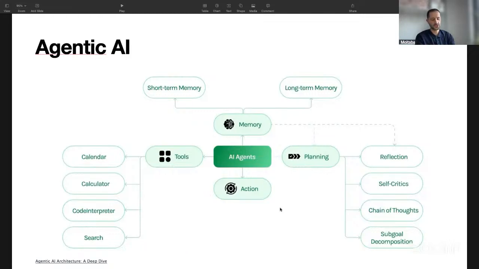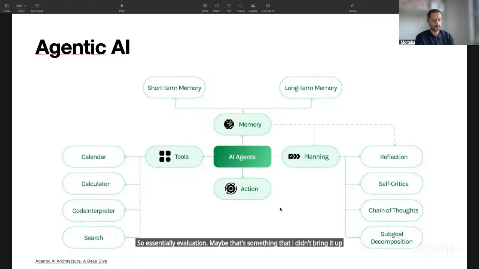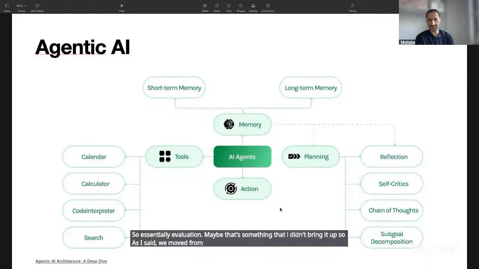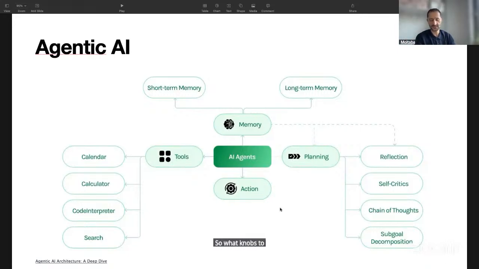So essentially evaluation, maybe that's something that I didn't bring up. As I said, we moved from a naive RAG to advanced RAG. There are a lot of knobs to tune. What knobs to tune depends on your use case.